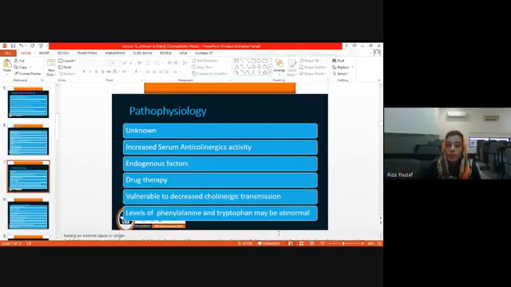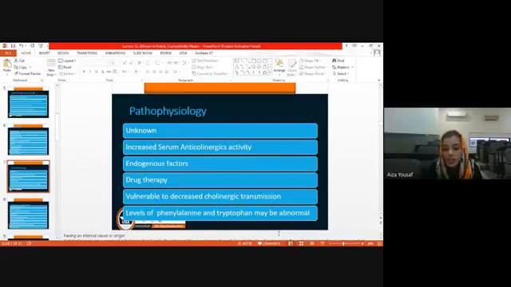There may be some endogenous factors, meaning an internal cause or origin. Some drug therapies, over-the-counter medications, or increased doses of drugs may make one vulnerable to decreased cholinergic transmission. It's obvious that when serum anticholinergic activity increases, there will be decreased cholinergic transmission, which is acetylcholine.